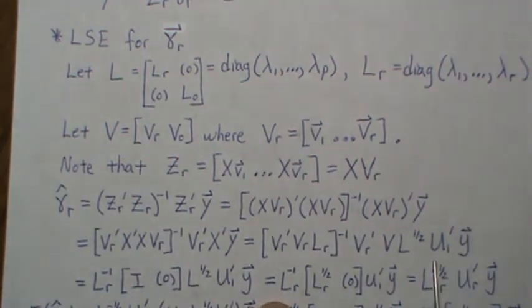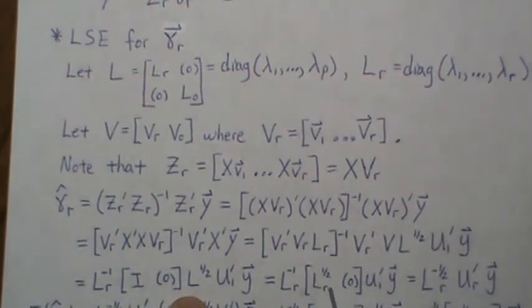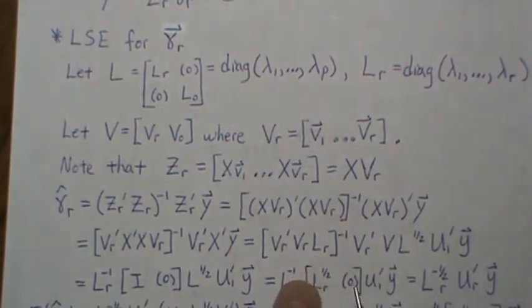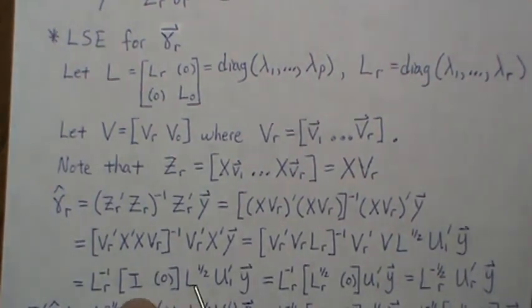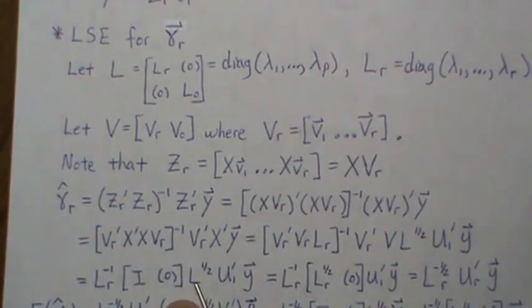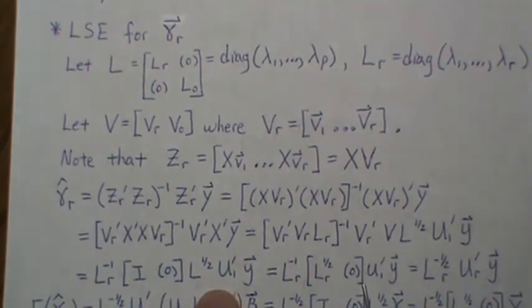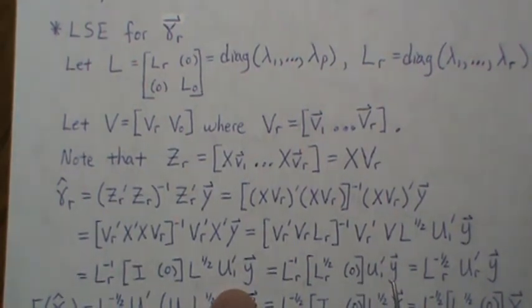So now, to go here, this multiplied by U_1, oh, I skipped a step. So this multiplied by L to the 1/2, it picks off the first R components. So that's L_R to the 1/2. And everything else stays the same.